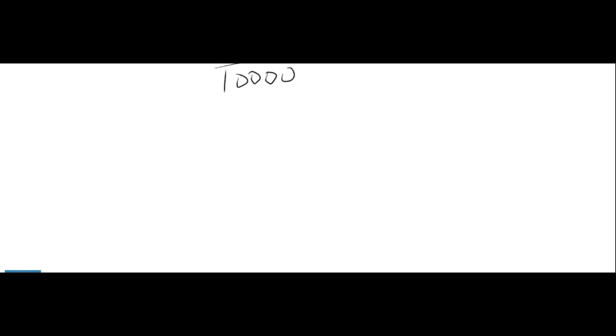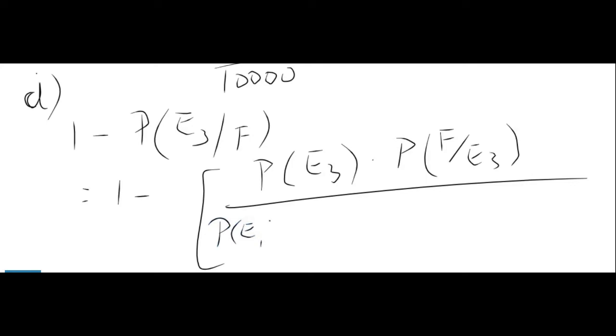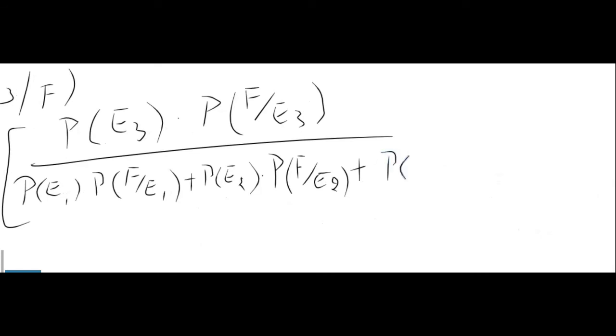The probability that it is not manufactured by C means it is 1 minus the probability that it is manufactured by C. So 1 minus P of E3 by F, which is nothing but 1 minus P of E3 into P of F by E3 divided by the total probability, P of E1 into P of F by E1 plus P of E2 into P of F by E2 plus P of E3 into P of F by E3.